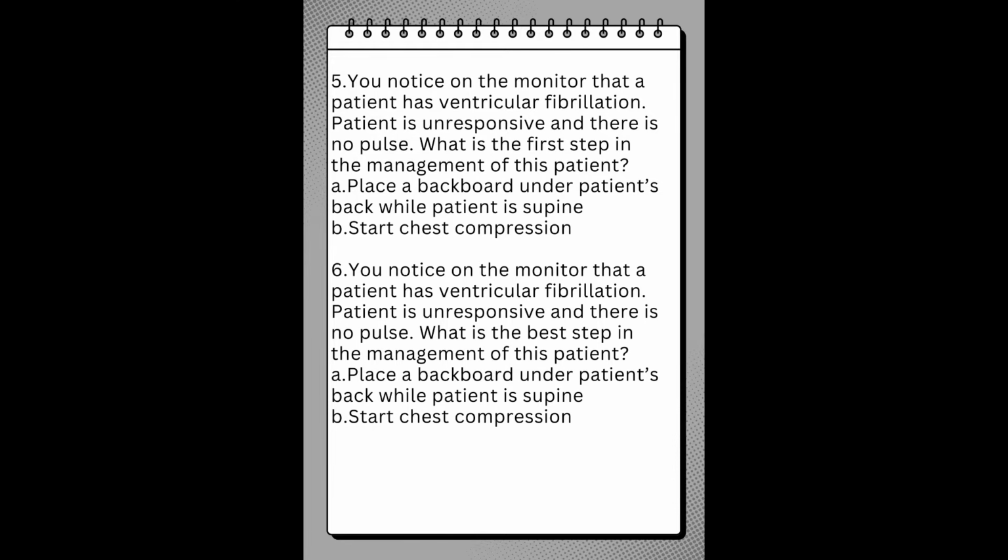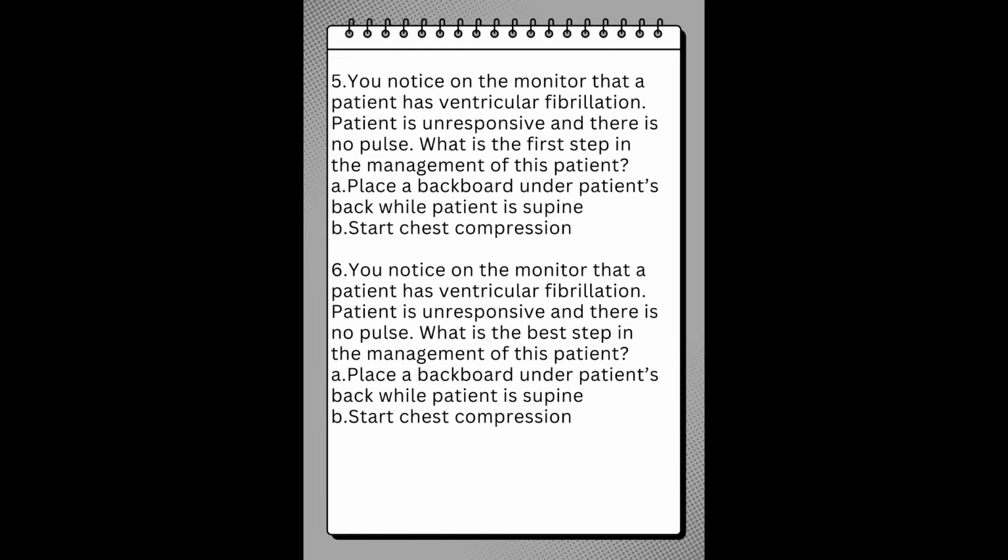Number 5 says you notice on the monitor that a patient has ventricular fibrillation, patient is unresponsive and there is no pulse. What is the first step in the management of this patient?